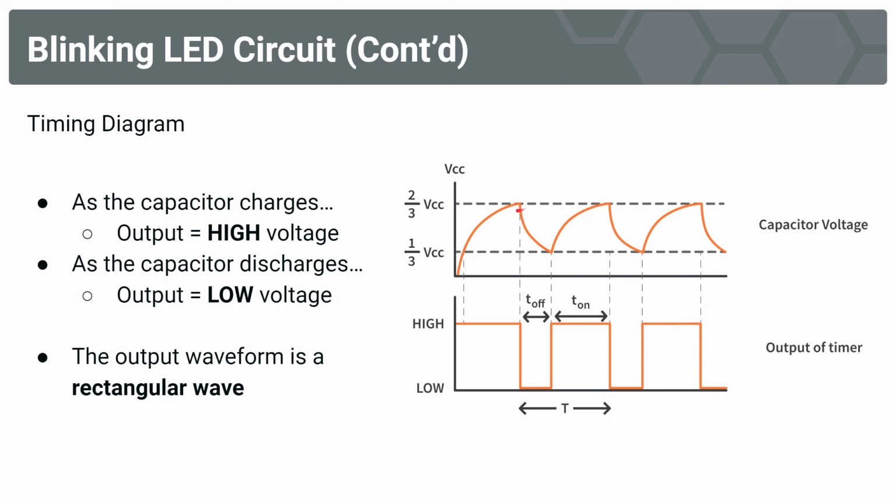When this happens, the 555 timer will turn off the LED, set the LED to a low voltage, and the 555 timer will also start to discharge the capacitor. And as the capacitor discharges, that LED will stay off until the capacitor reaches the trigger point, the 1/3 charge or 1/3 VCC. When it reaches the trigger point, the 555 timer will turn the LED back on and it'll start to charge the capacitor again.